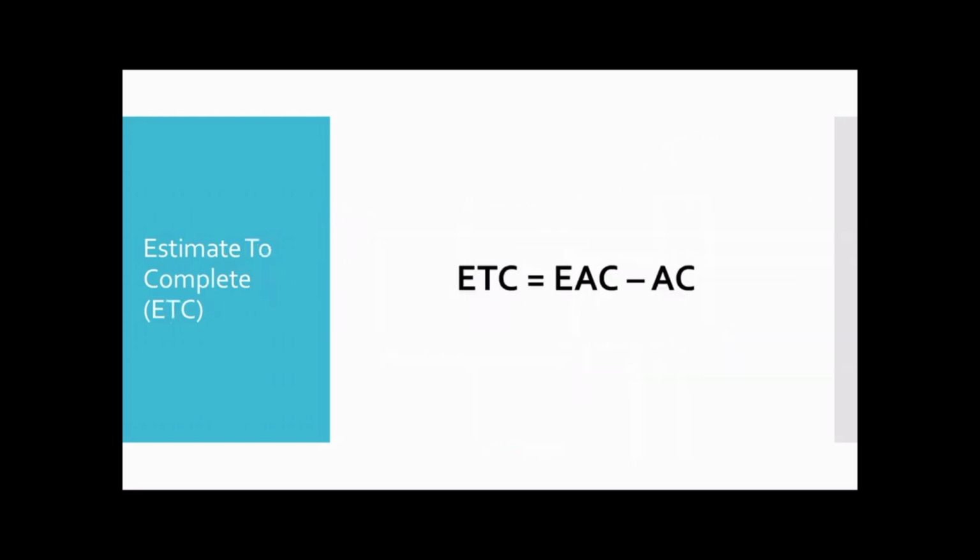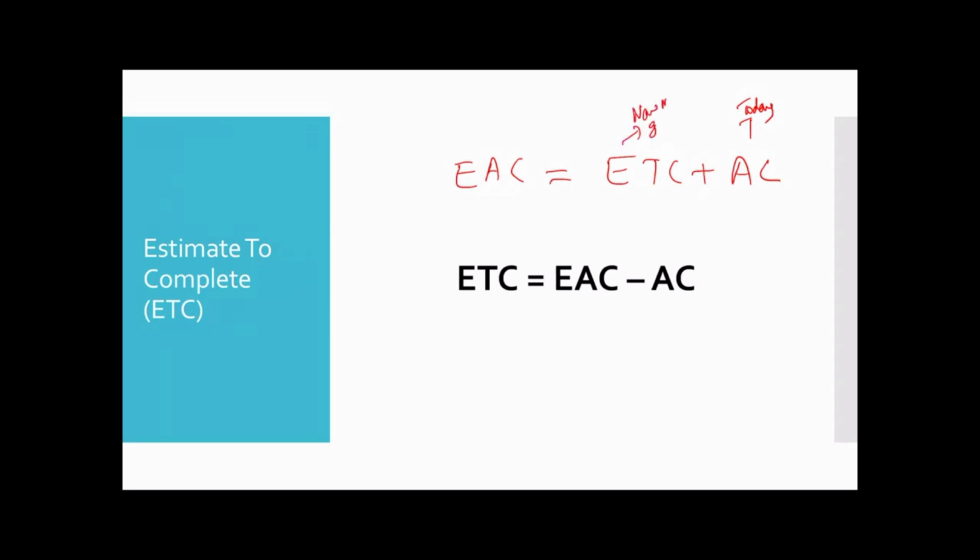Then estimate to complete. Estimate to complete is nothing but estimate at completion minus actual cost. So how do you come up with this formula? It comes from: estimate at completion is nothing but estimate to complete plus the actual cost today. Wherever you are today, how much money you have spent today, plus the new budget, new money that you're going to get.